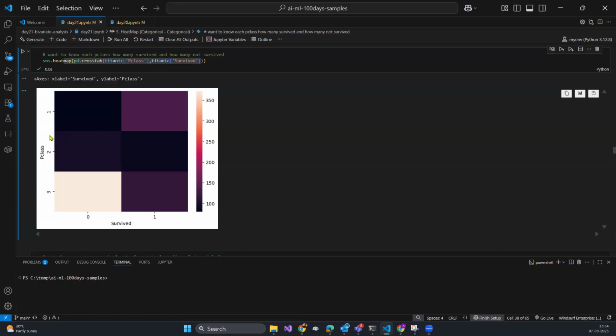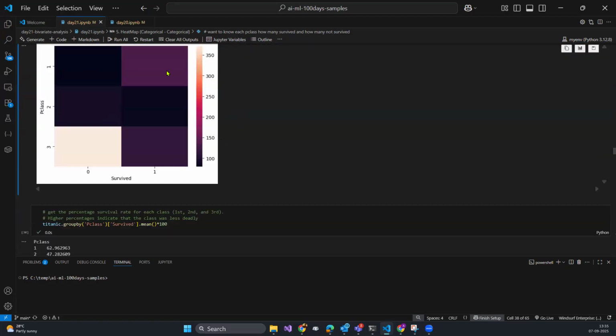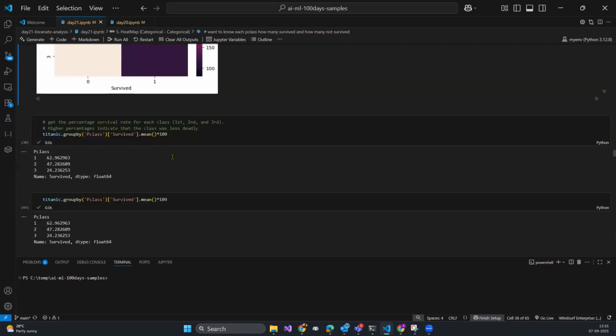And in opposite to this, in class 1 there were very few people who did not survive compared to those who survived, right? So this is a kind of exploratory analysis we are able to do with these two columns.